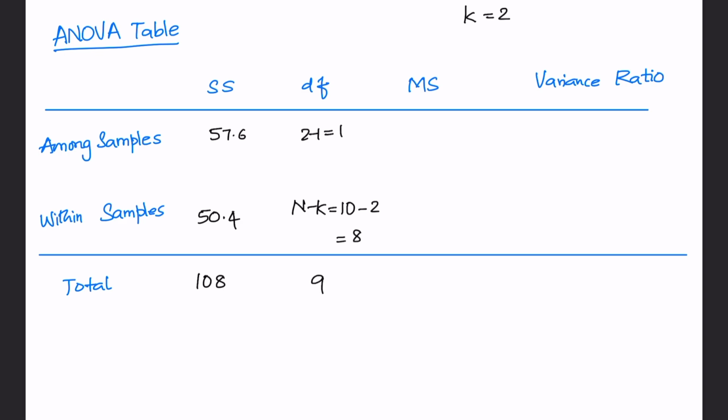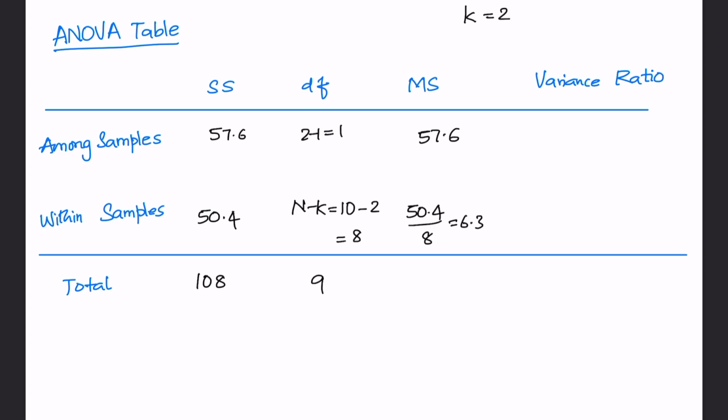Now MS is going to be 57.6 by 1 and 50.4 by 8. So this value again will stay the same, 57.6, and 50.4 divided by 8 will leave you 6.3.